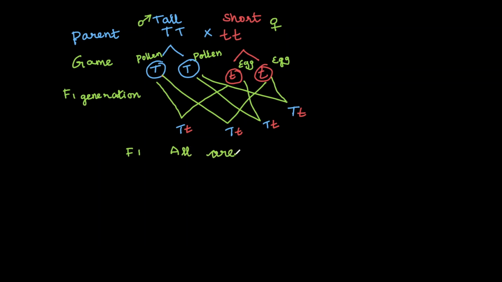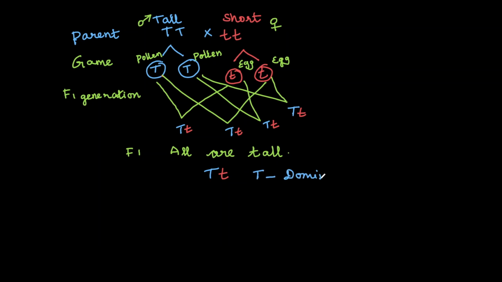If you see the phenotype of the F1 generation, all are tall. The genotype of the F1 generation is only capital T, small t. So only tallness is expressed. Capital T is a dominant character.